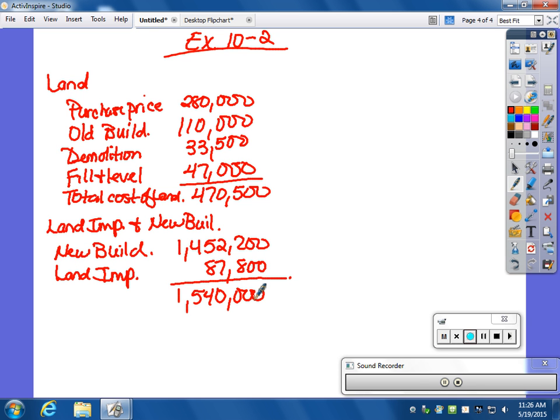All right. Now we can do some journal entries. And how is this journal entry going to go? You would debit... So would you debit cash for the total cost?